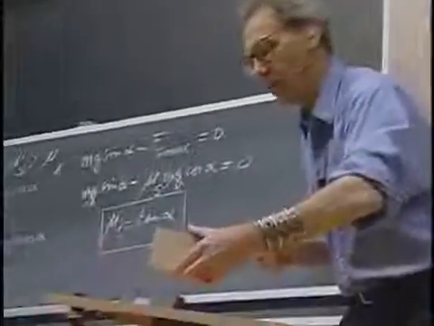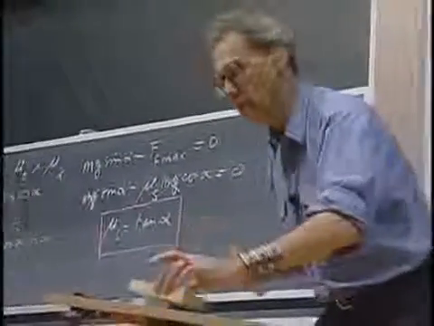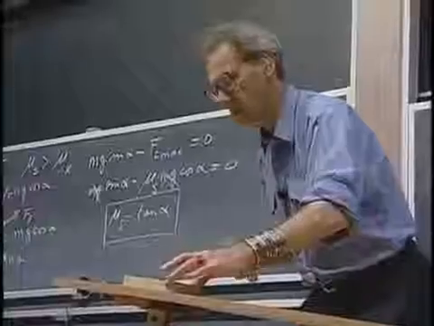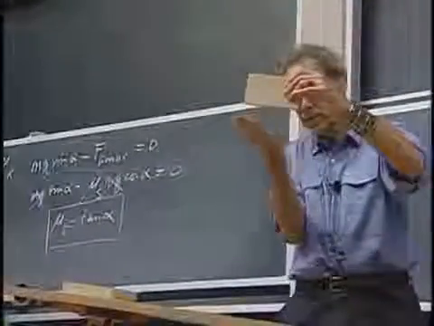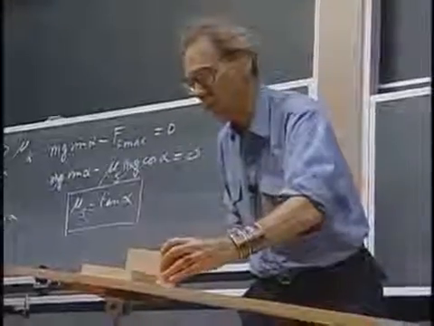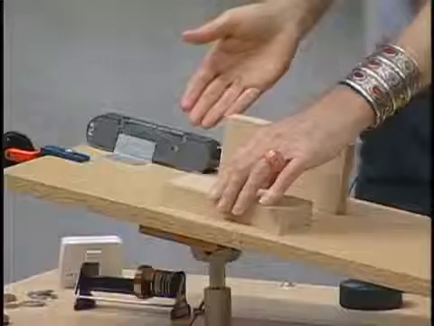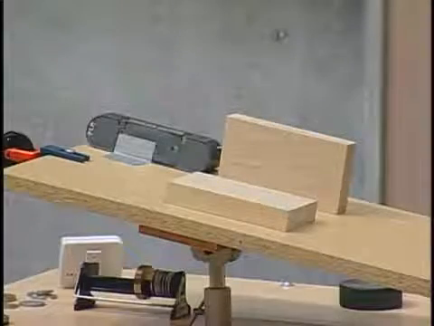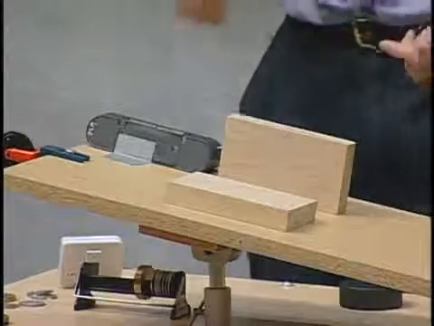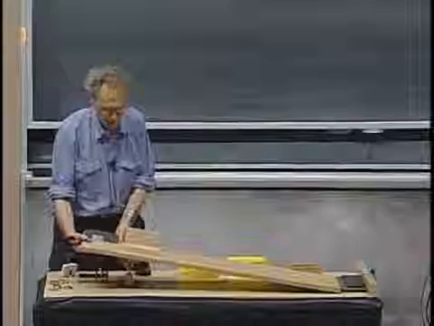I'm going to put the flat one here, and I'm going to put the same object, but with its small area here. If indeed the friction coefficient is independent of surface area, then when I tilt them, they should start to slide roughly at the same angle. So there we go.